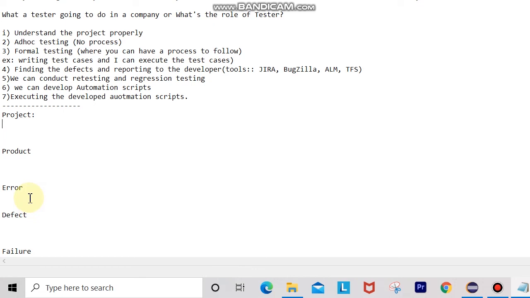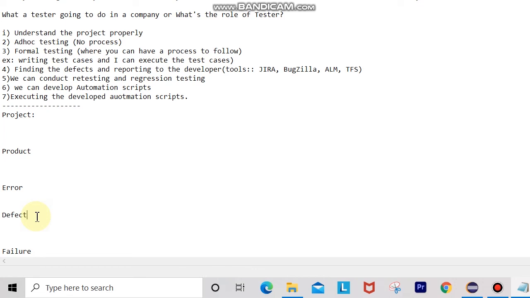So we can consider that an error. Defect means the deviation between the expected behavior of the system and the actual behavior of the system. We can call a defect also a bug or fault.